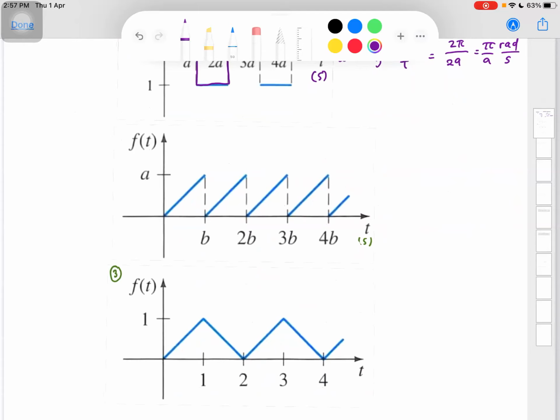Now let's have a look at the second signal. In this one, let's say we start from point 0, 0. If we follow the graph, go up and then go down, and then from here if I go up again, I'm going to repeat the same pattern. So from t equals 0 until t equals b, I have one period, the fundamental period.